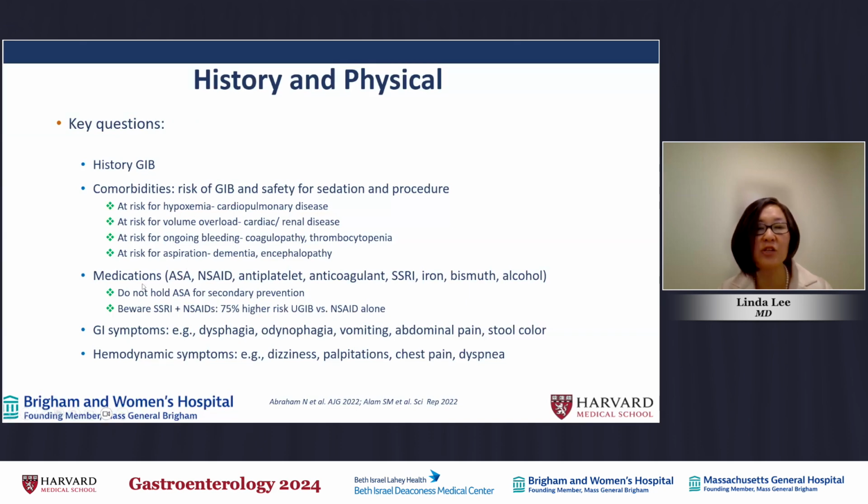And as far as medications go, anything that may have caused a GI bleed, as you see here, although I do want to point out that we no longer recommend holding aspirin if it's being used as secondary prevention in a patient. I also want to point out to beware of the use of SSRIs in combination with NSAIDs, as there appears to be a significantly higher risk of upper GI bleeding with a combination compared to patients who use NSAIDs alone.